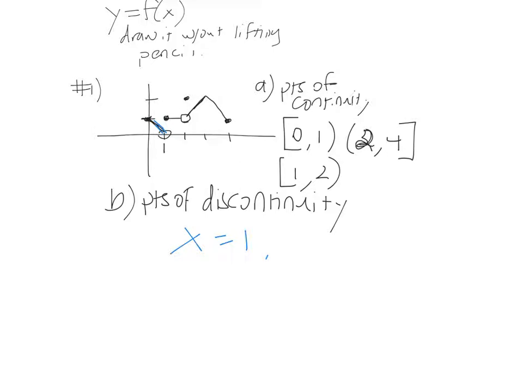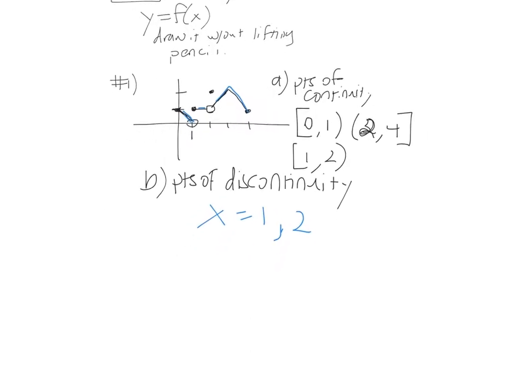And then I'm continuous on my graph and I have to lift up my pencil also at x equals 2. But then I'm continuous for the rest of the graph. So the only points of discontinuity would be at 1 and 2 for x. Yep. The open circles, the jumps. We're going to talk about what type they are in just a minute.